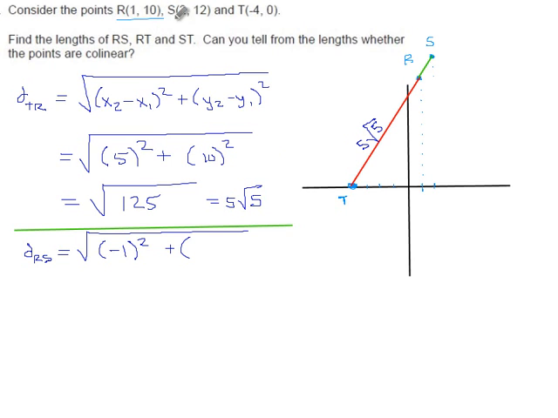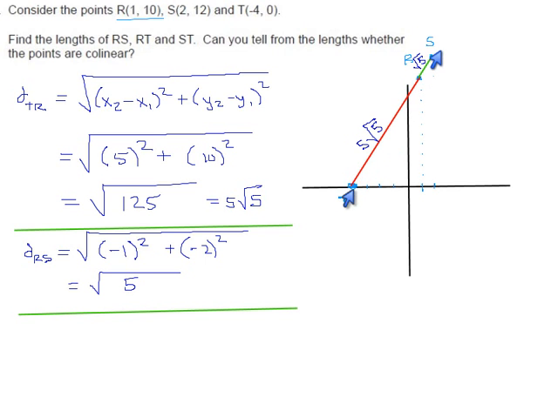For the y coordinates, 10 minus 12, we get -2, another negative sign that's pretty much optional. And from that we get root of 1 plus 4, root 5. So this little distance from R to S is the square root of 5. Okay, so 5 root 5 plus root 5, these two lengths combined make 6 root 5.